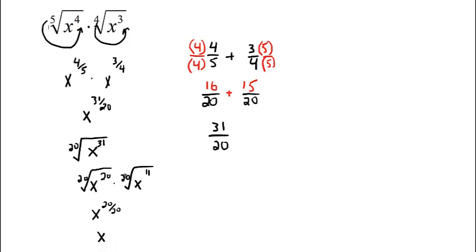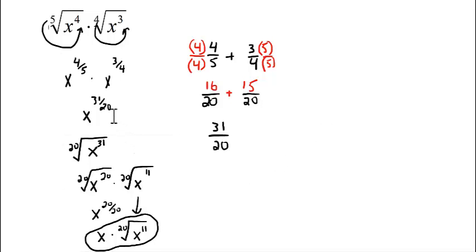And then does 20 divide evenly into 11? No, so I'm just going to keep this written the way it is, and I'm going to bring it down here. So I have x times the 20th root of x to the 11th power, and this is going to be the final answer.